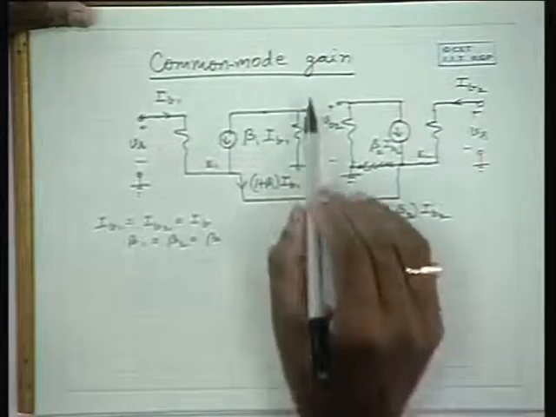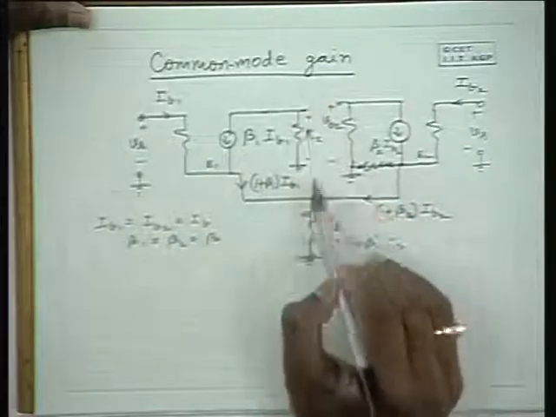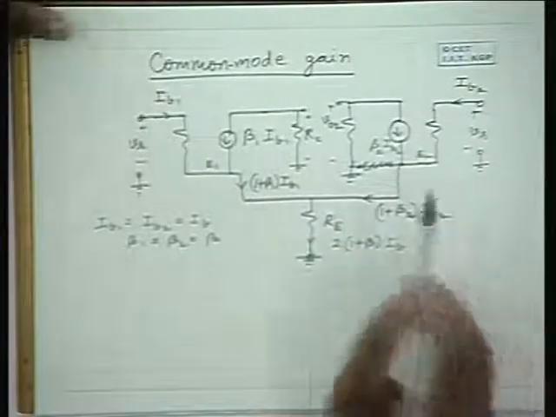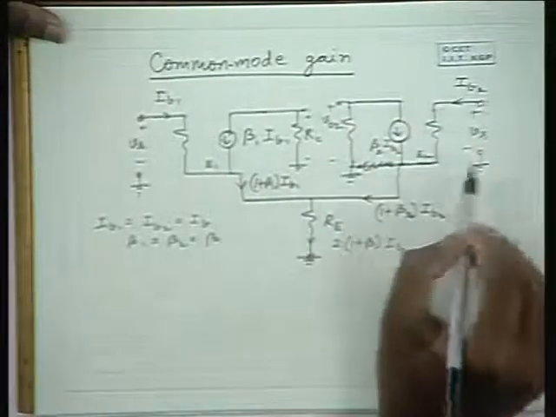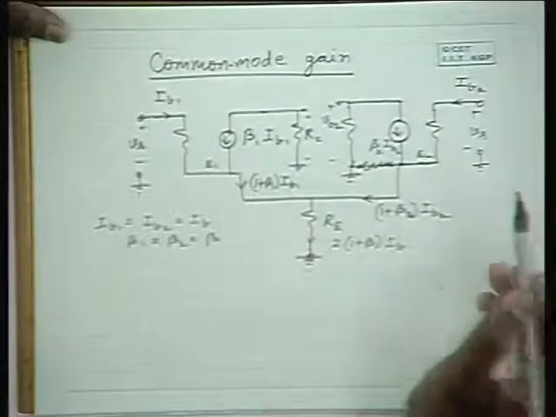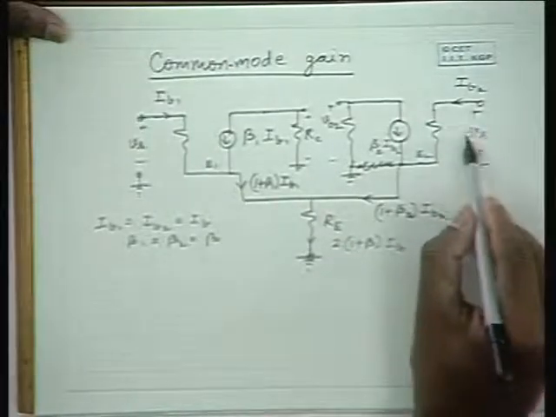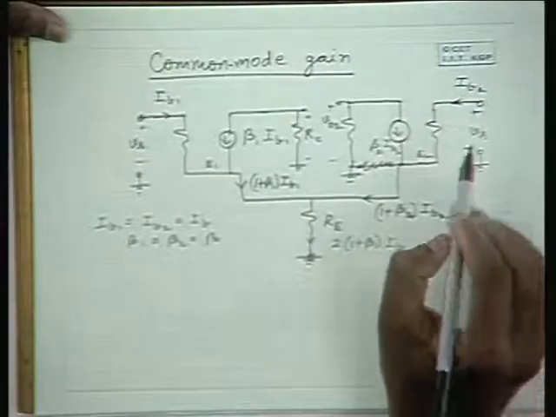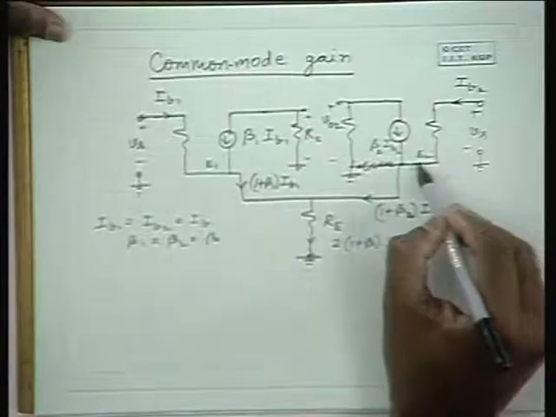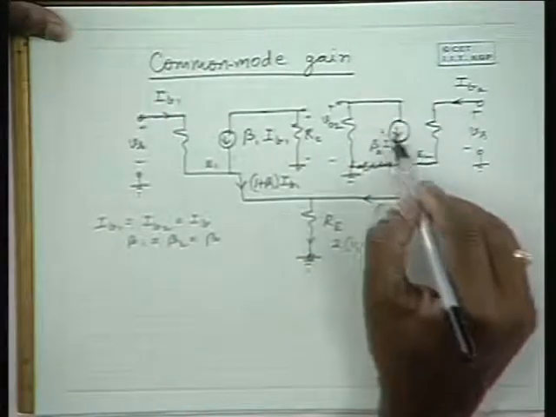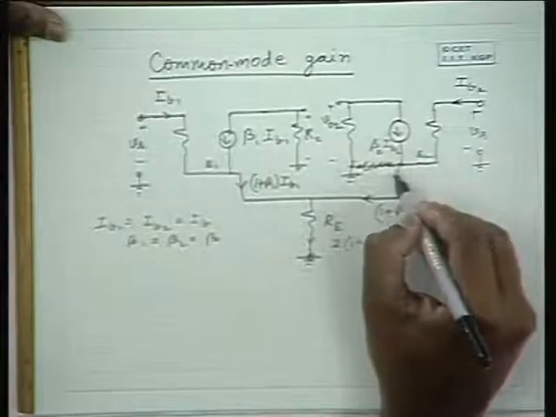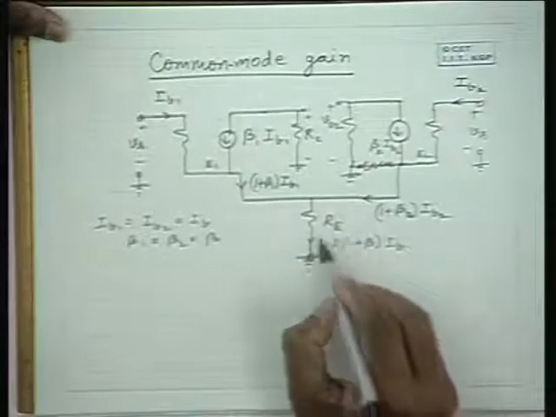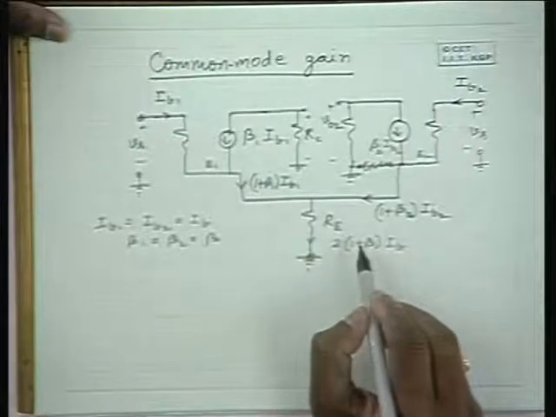Now, we can isolate one stage from the other, or you can keep it as it is, but if you write down the equations on one side, the analysis would be clear. The input signal is Vs, because of which the current that flows is IB, and because of this IB, beta IB flows here, and it is as if this resistance is twice RE.